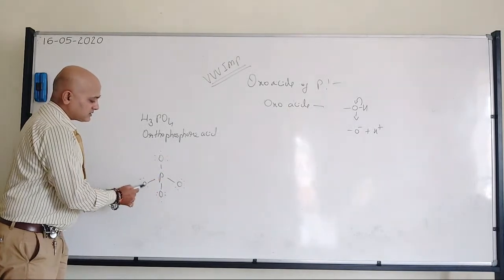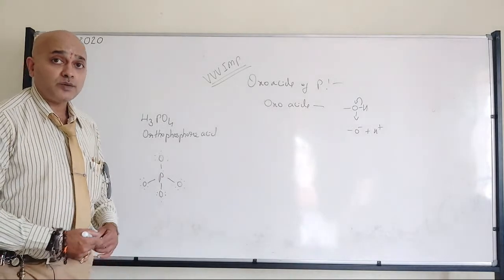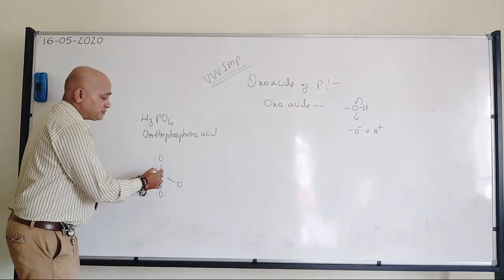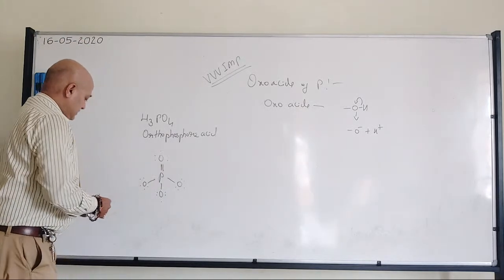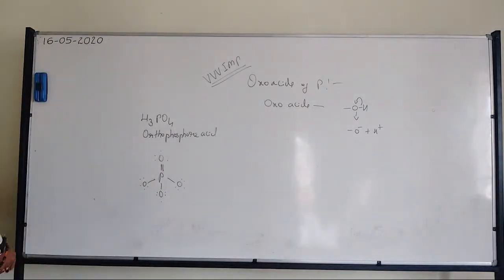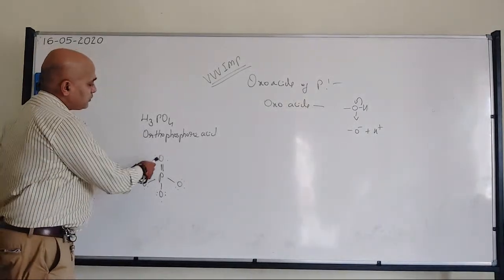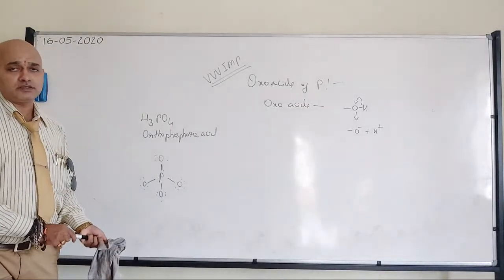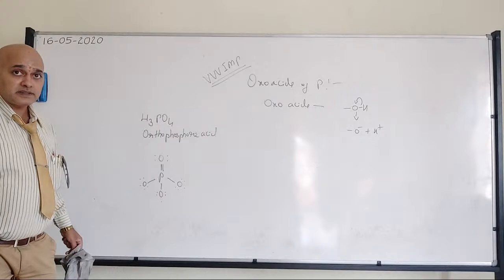So even oxygens are left over with a lone electron. So therefore, phosphorus and any one oxygen can make a double bond. Now that one oxygen and phosphorus are happy, because there is no lone electron on the oxygen which makes the double bond with the phosphorus.